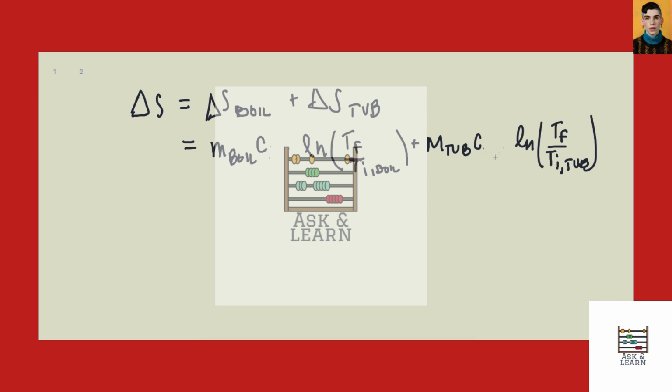Well, there is a slight temperature dependence on heat capacity, but it's a good enough approximation to treat them as the same. So if you plug this into a calculator, maybe you'll get what I got, and that is 472 joules per Kelvin.